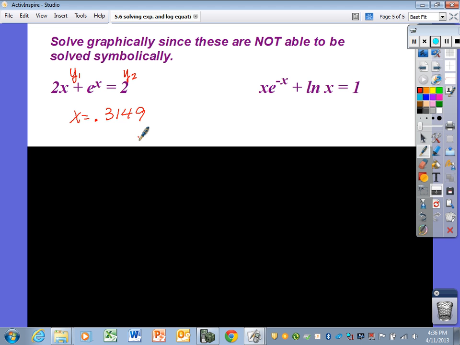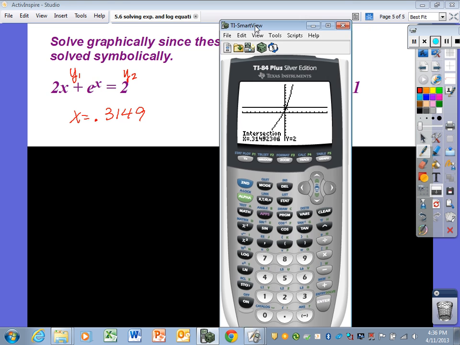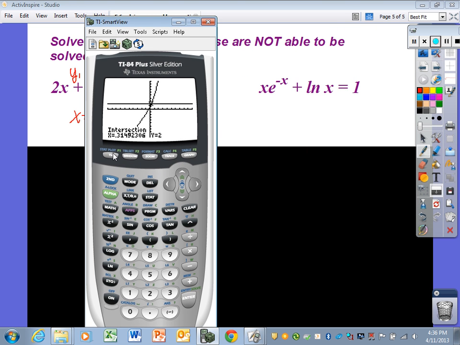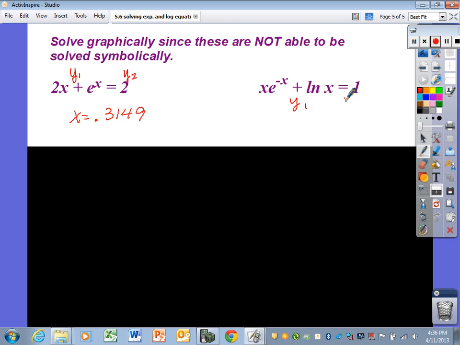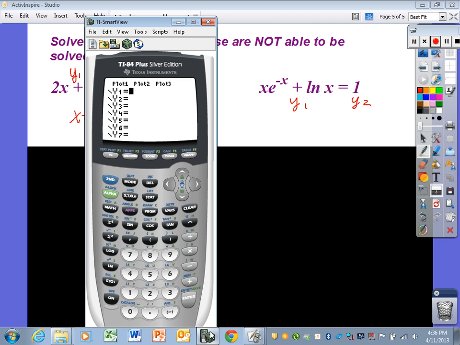Let's try the second one. That's my y equals. I'm going to clear out what I have. In y1, I put this side. In y2, I put 1. x times e to the x plus natural log x, and 1.